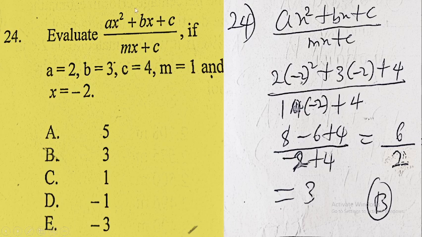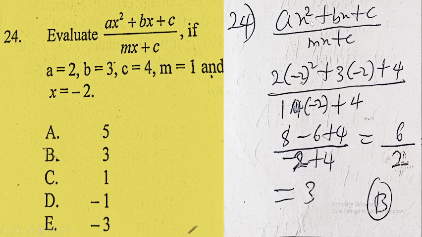Question number 24 is algebraic fraction, that is, substitution in algebraic fractions. So we have to substitute the values given to us here into this algebraic fraction. We have been given the value of a, the value of b, value of c, value of m, value of x.